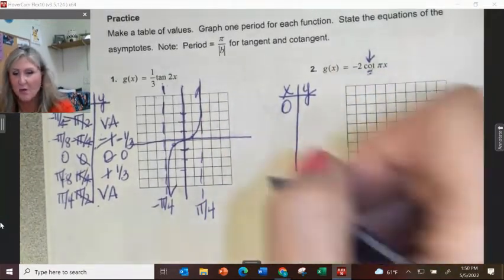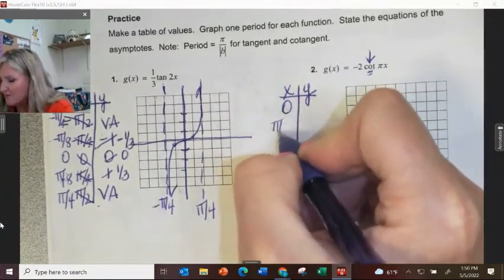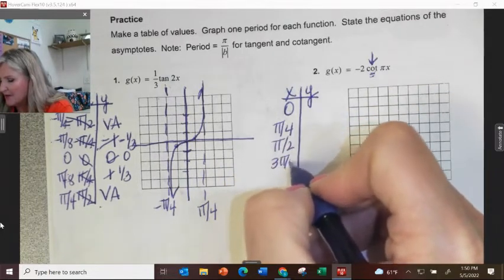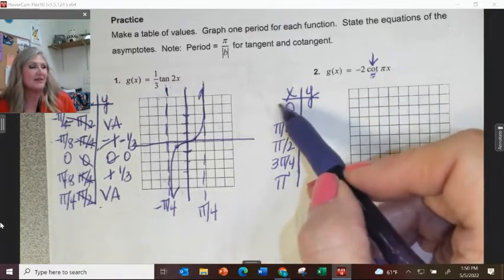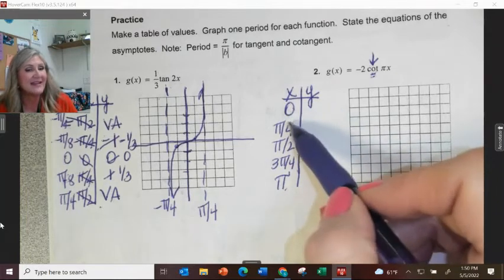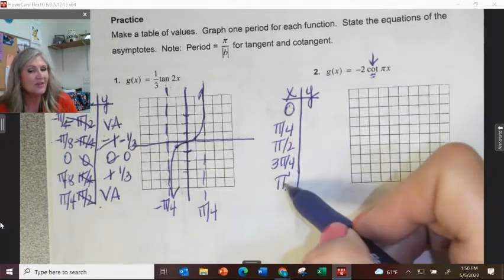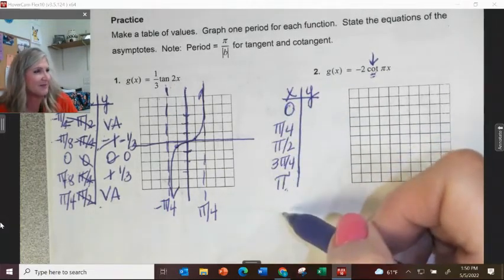Okay, so our key points on this, we're going to check 0, pi over 4, pi over 2, 3 pi over 4, and pi. The reason I separate them out like that, guys, is because the period is pi, and I'd like to have 5 key points, just like we did with sine and cosine. So if I'm only going from 0 to pi and I have to have 5 points, I'm dividing them up evenly.